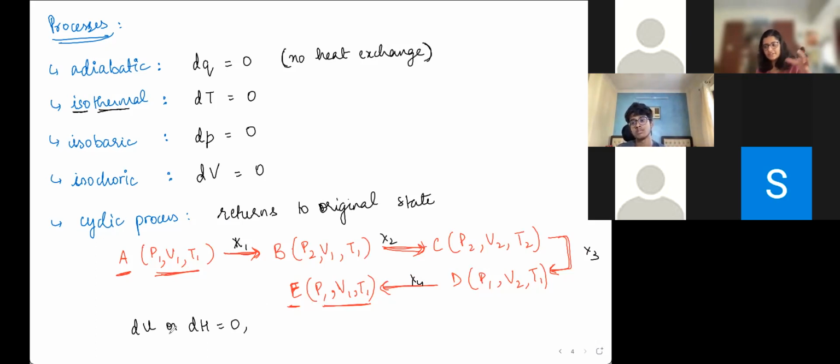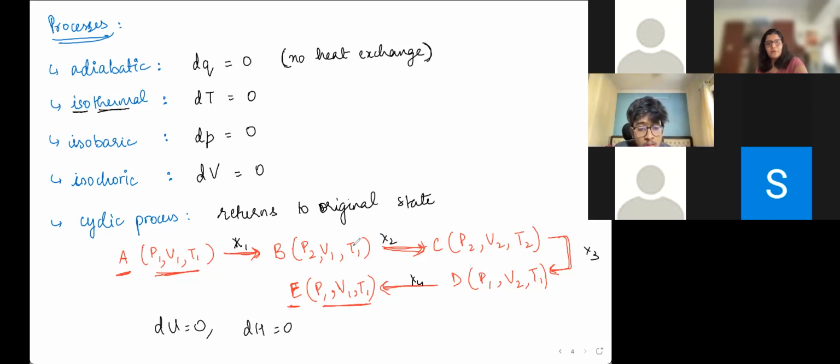Overall change in internal energy is also 0. Overall change in enthalpy is also 0, because whatever you're increasing, you're again decreasing by changing the variables. So dU is equal to 0 and dH is also equal to 0.